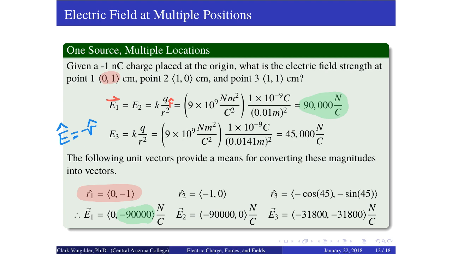E2, I didn't do because hopefully you see that 0, 1 and 1, 0, you just turn it around. The math is going to be the same. That's why they were covered all at once in this spot. What's going to be different is the direction. And then the same down here.